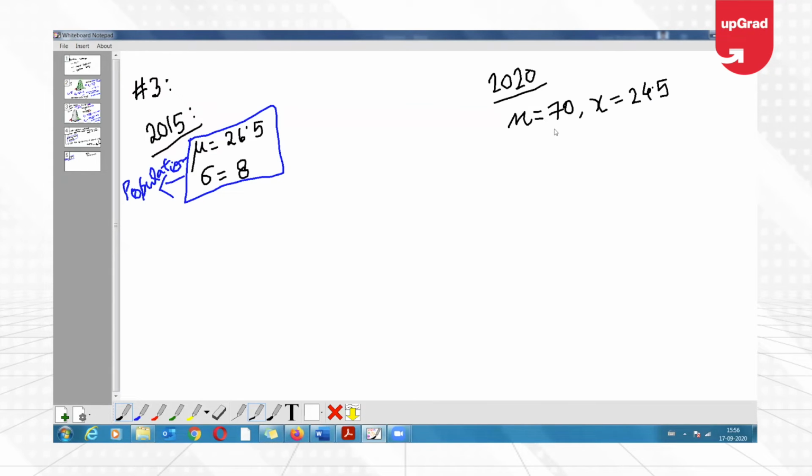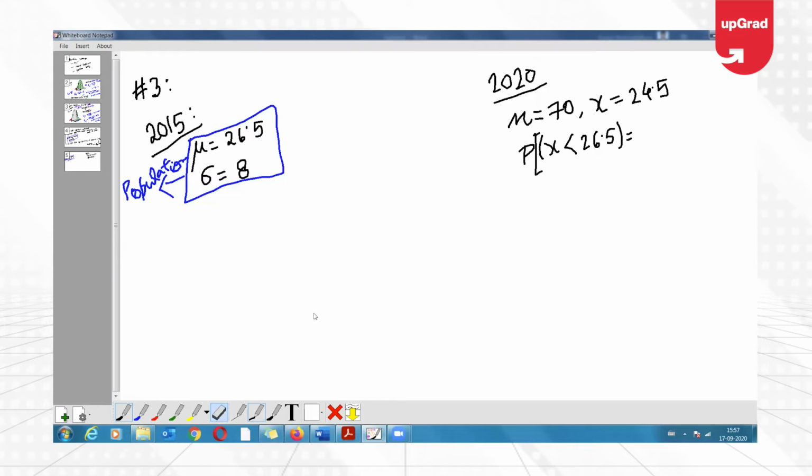Now mind it, you have only surveyed 70 kids. Is that enough for you to say that the kids are watching less than 26.5 hours of TV? So in this case, what we want to find out is the probability of the kids watching 26.5 hours of TV, right?